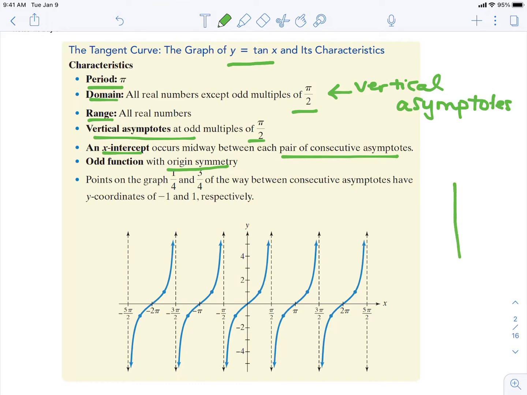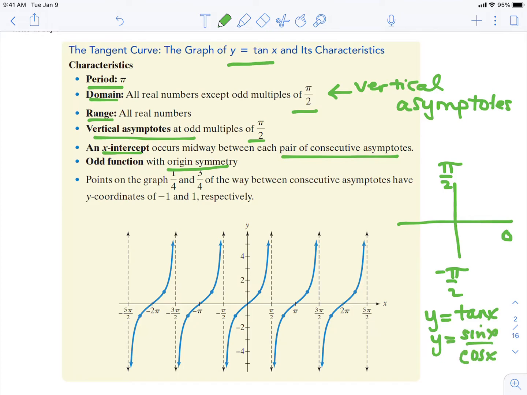If we think back to the unit circle, here is 0, and then this is pi over 2, and down here is negative pi over 2. How we find the tangent function is by taking the sine value over the cosine value for your ordered pairs.